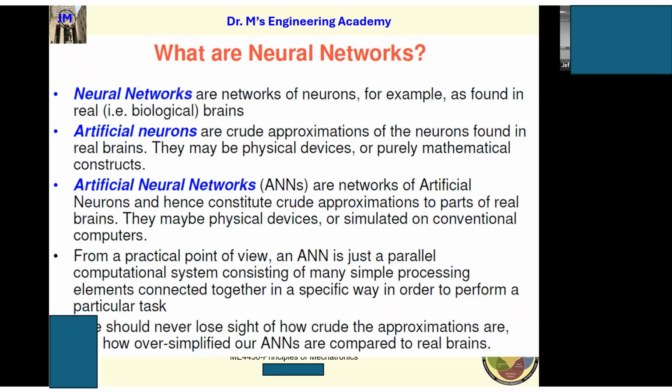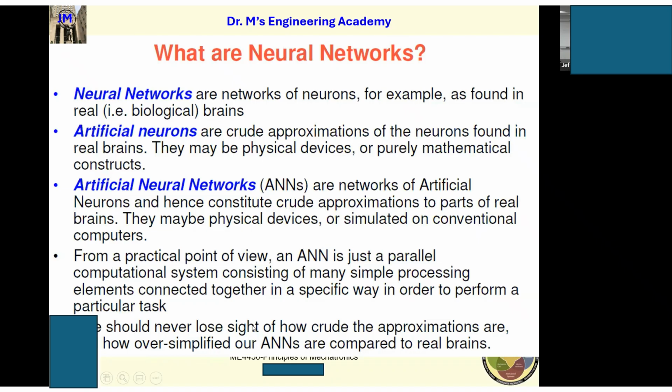So, computation. This is mimicking our biological neurons. One should never lose sight of how crude the approximations are, and how oversimplified our ANNs are compared to real brains.